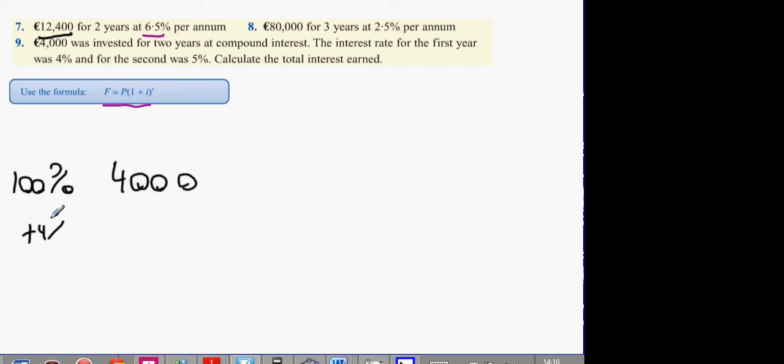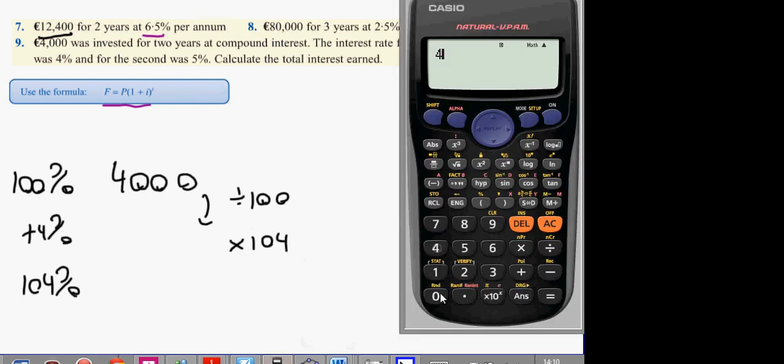So when you add on 4%, you're looking to find out what 104% is. So what you need to do is you need to divide by 100. When you divide by 100, it changes it to 1%. And then you need to multiply it by 104. So it's simply 4,000 divided by 100, multiply by 104. Okay, and what we get there is 4,160.